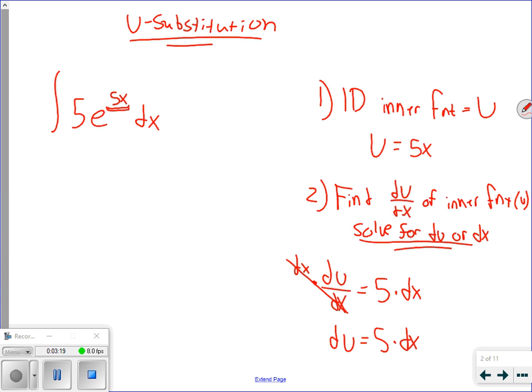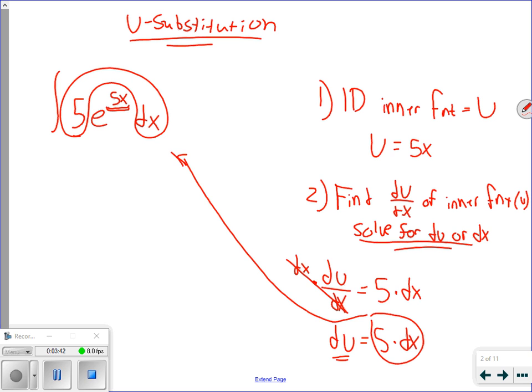Now what we're going to do is the actual substitution part. We're going to get everything in terms of u. So we're doing all this in step 2 here. Look at this: 5 dx is the same thing as du. So if you look over here, there's 5 and dx, and I'm going to substitute that in as du.